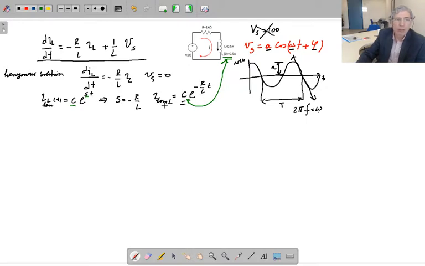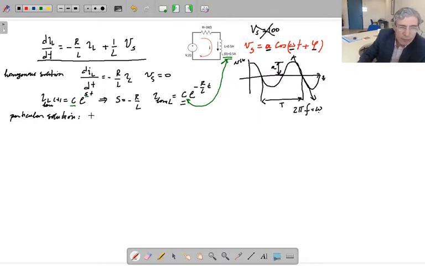Okay. So what we'll do next for the solution of a circuit like that is to calculate the particular solution. So remember what this solution is.